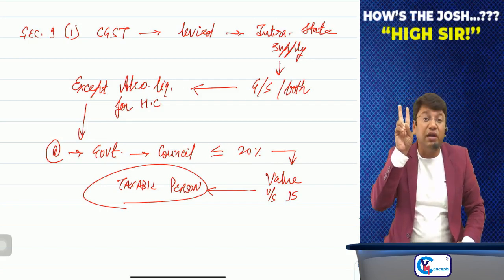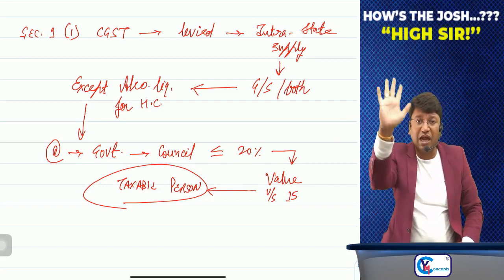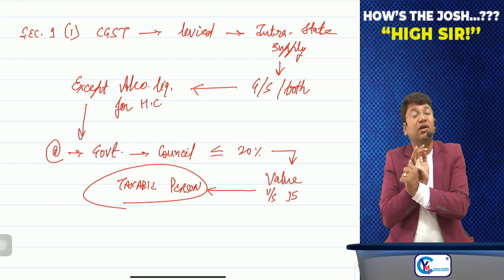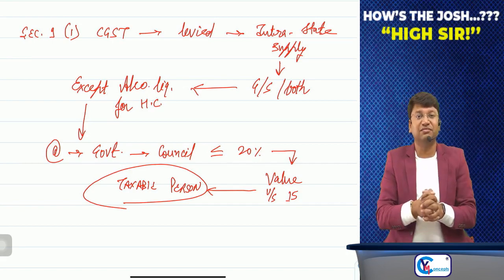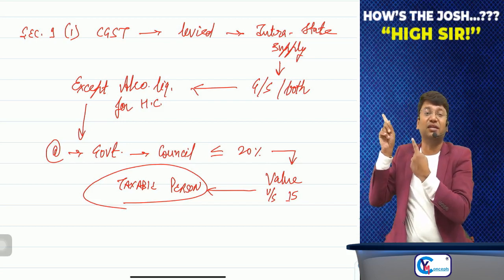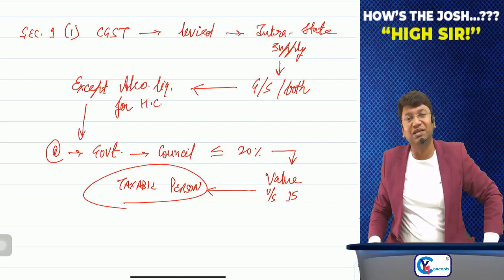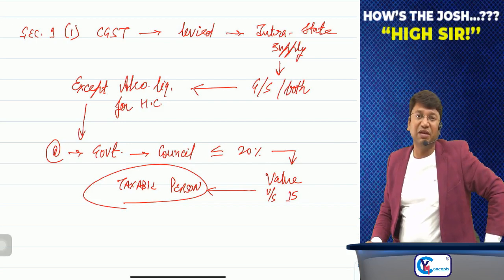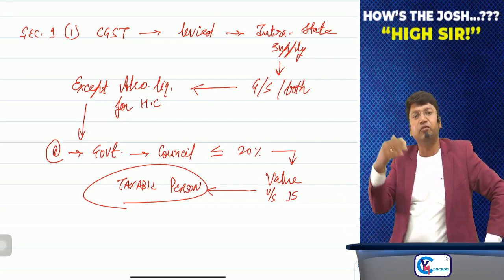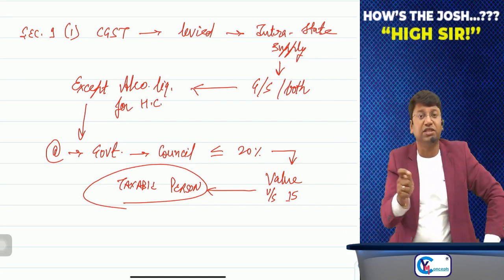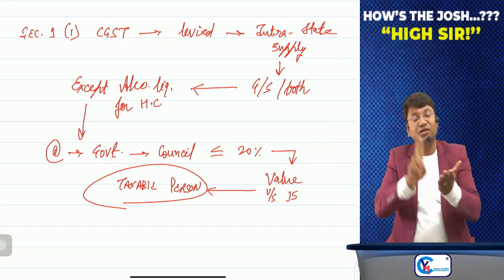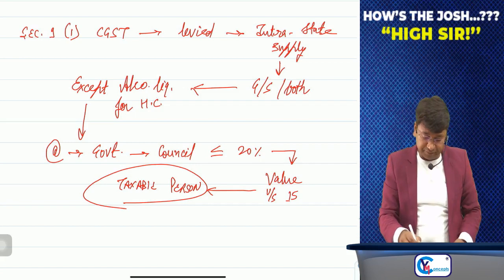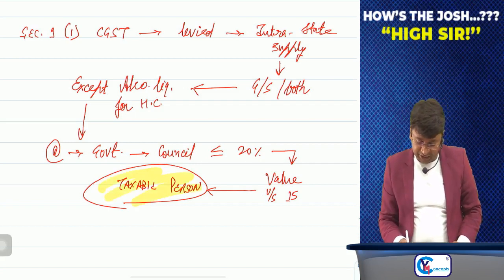But if you are voluntary registered person, although you are not liable for registration, then also you are a taxable person, and once you are a taxable person, this charging section gets attracted to you. That's why you might have heard that although exemption benefit, a threshold benefit of 20 lakh or 40 lakh as the case may be is given for registration, but if you get the registration voluntarily under GST, then also GST becomes applicable because of this phrase.